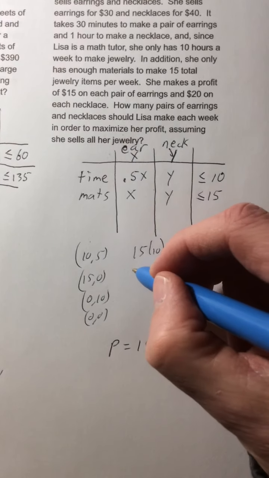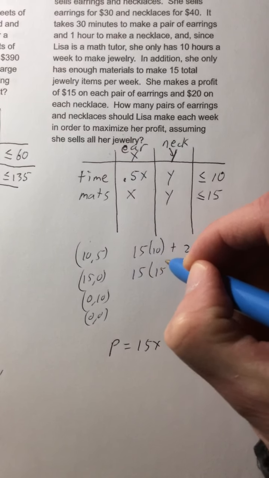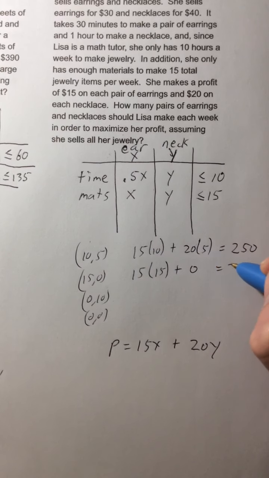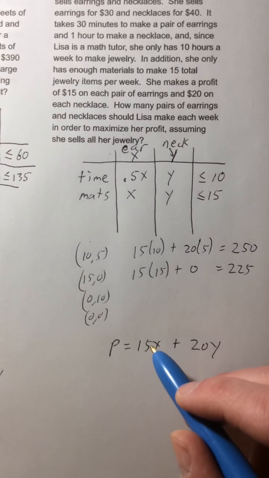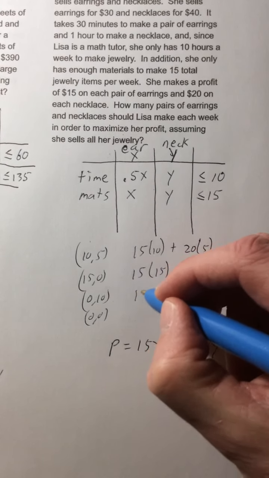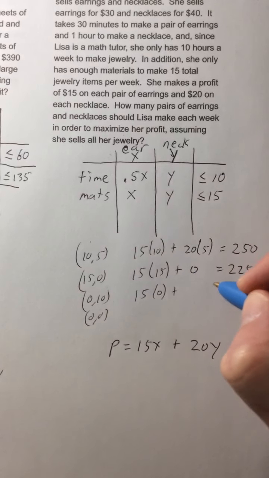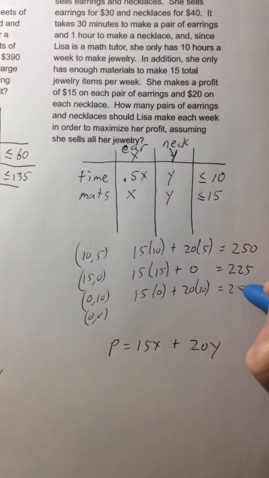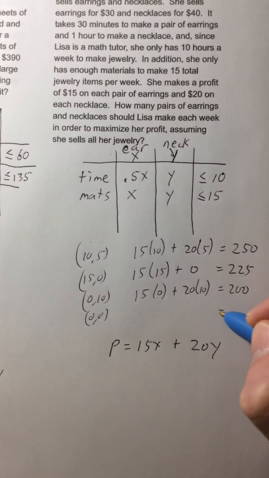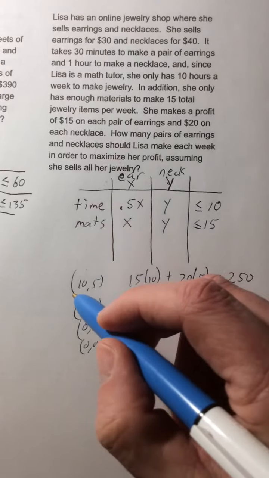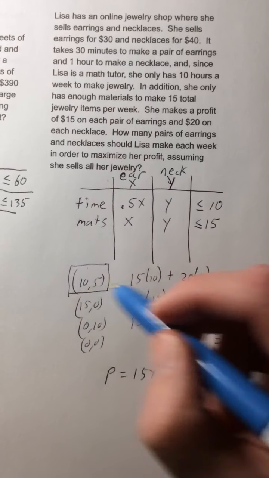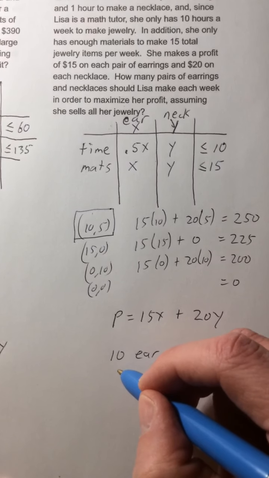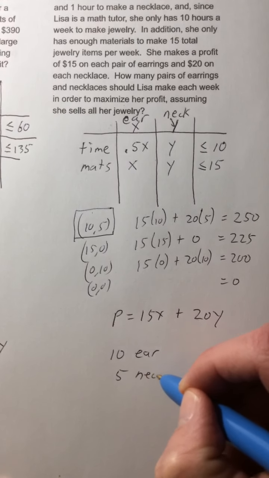Plugging in 15 here, 15 times 15 is 225, plus 0 is 225. 0 here, 10 there, 15 times 0 plus 20 times 10 makes 200, and 0, 0 makes 0. So it looks like she should make 10 earrings and 5 necklaces.